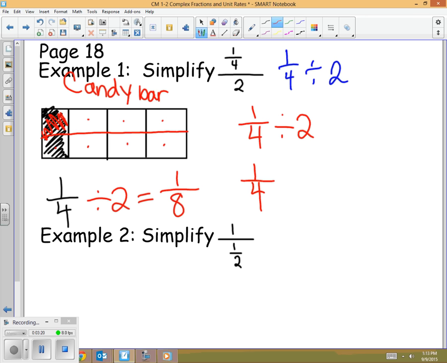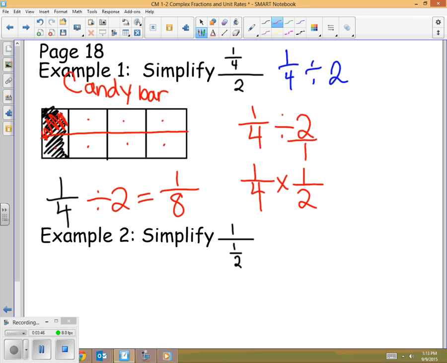Now, instead of dividing it by 2, you can multiply by the reciprocal. The reciprocal of 2, or 2 over 1, is the opposite. Numerator and denominator are flipped. So now instead of 2 over 1, the reciprocal is 1/2.